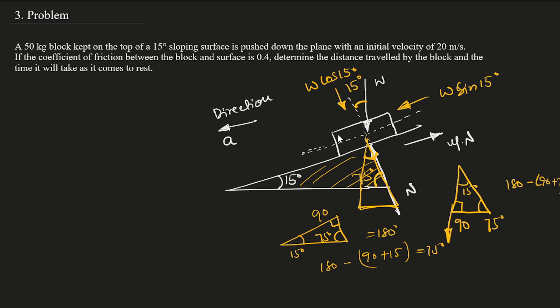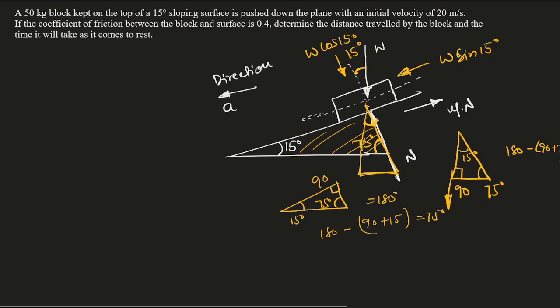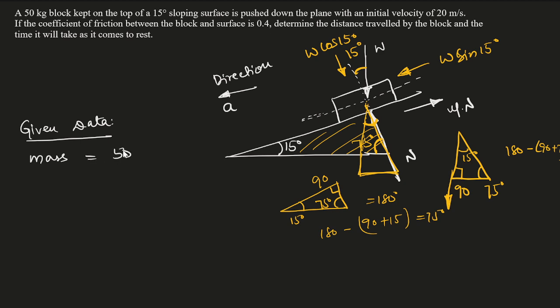Now we can write down the given data. First of all, they have given the mass of the block, mass equal to 50 kg, and they have given mu as well, mu equal to 0.4. Then they have given the initial velocity, u equal to 20 meter per second.